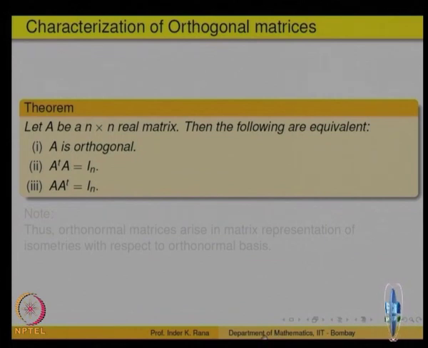So, this is an equivalent way of saying that a matrix A is orthogonal, this is the definition. But you can take the transpose of this. What is the transpose of this? That will be precisely A transpose transpose, that is precisely this. So, saying that a matrix is orthogonal is equivalent to saying A transpose A is equal to identity, or A A transpose is identity, that is the same as saying A transpose is the inverse.